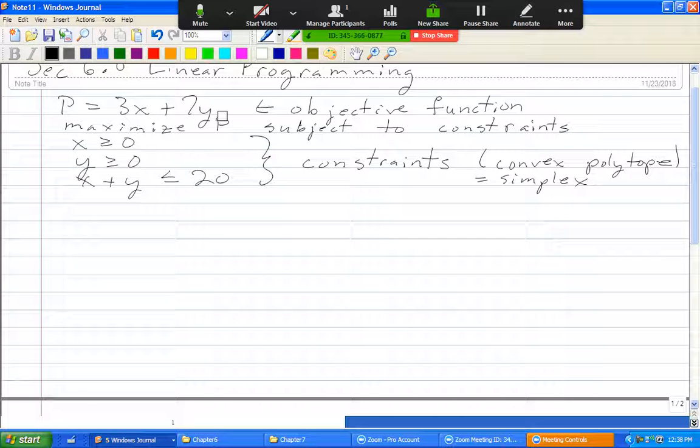Okay, so it will look something like, I don't know, maybe there. Okay. So your constraints will cause this sort of region to be created, a feasibility region.